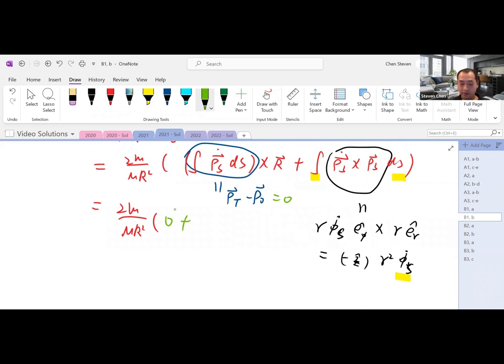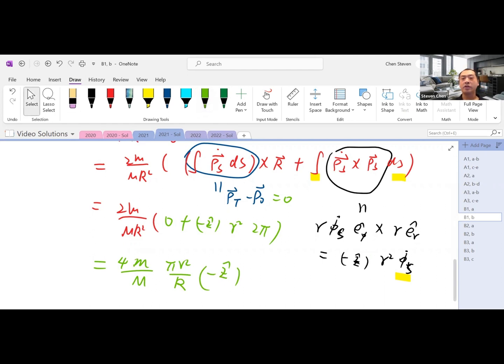The second integral is negative z times r squared times 2 pi. And by doing some simple algebra, we get the final answer. So this is the solution to this part.